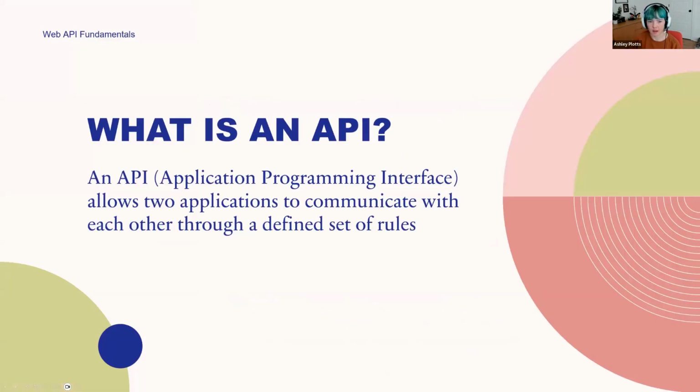So what is an API? An API, or an application programming interface, allows two applications to communicate with each other through a defined set of rules. In some cases, these rules are defined by the API protocol that you're using, which we'll get into a little bit more later.